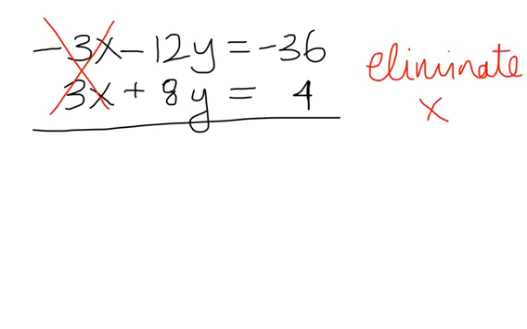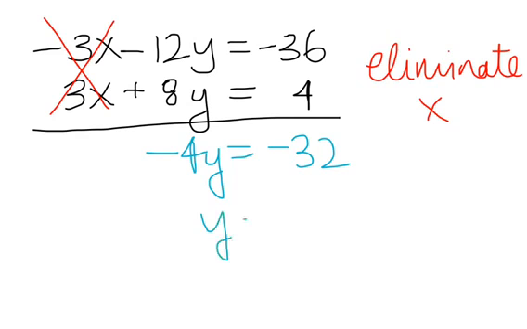I end up with this new equation, which I'll write in blue. I get negative 4y equals negative 32, and if I simplify that a little bit, I get y equals 8. So now I have another equation that is consistent with the equations in the linear system I started with, meaning that it has the same solutions.